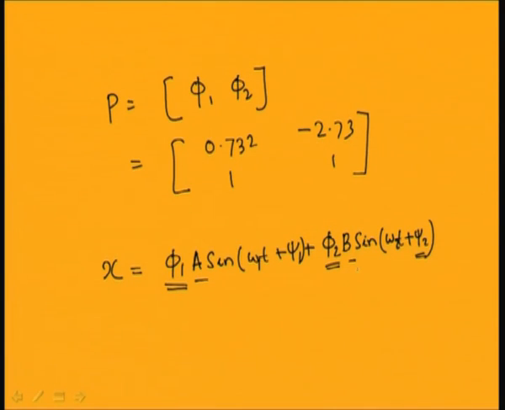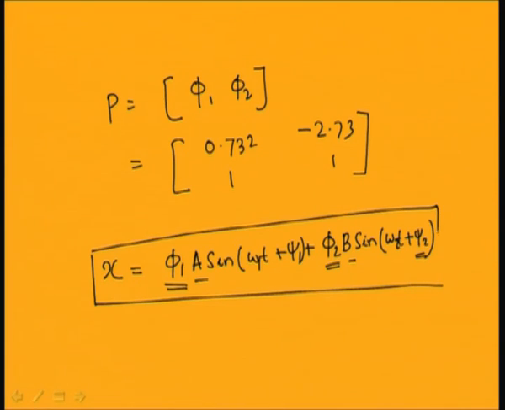So, you have 4 known quantities, 2 displacement quantities and 2 velocity quantities, and 4 unknowns, that is a, b and psi 1, psi 2. By solving those equations you can find a, psi 1 and b, psi 2, and you can find the free vibration response of the system by using these normal modes.